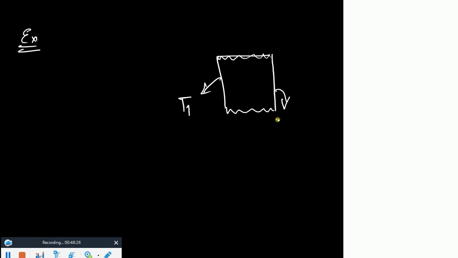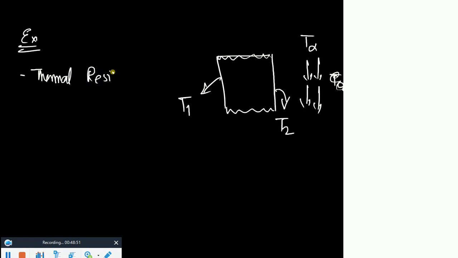This is temperature T1, this is temperature T2, and there is some flow going on this side with temperature T infinity. Okay. Now, if I ask you to develop a thermal resistance network, look at the question. I ask you to develop a thermal resistance network. How would you develop it?